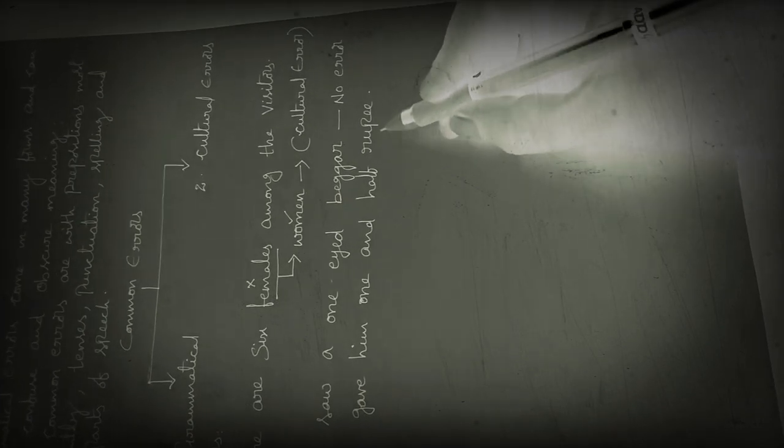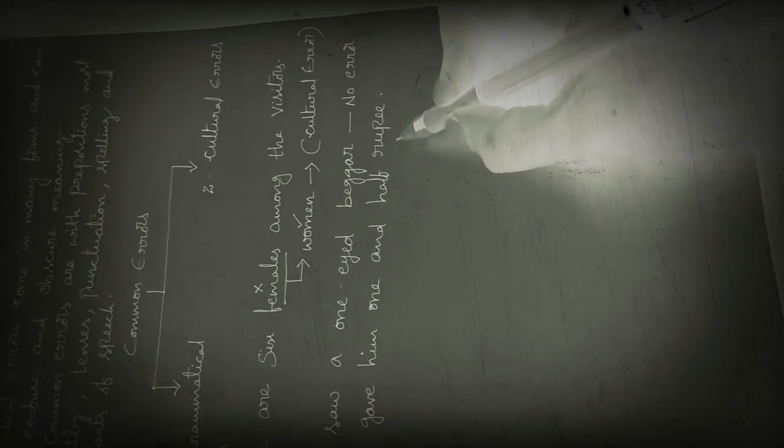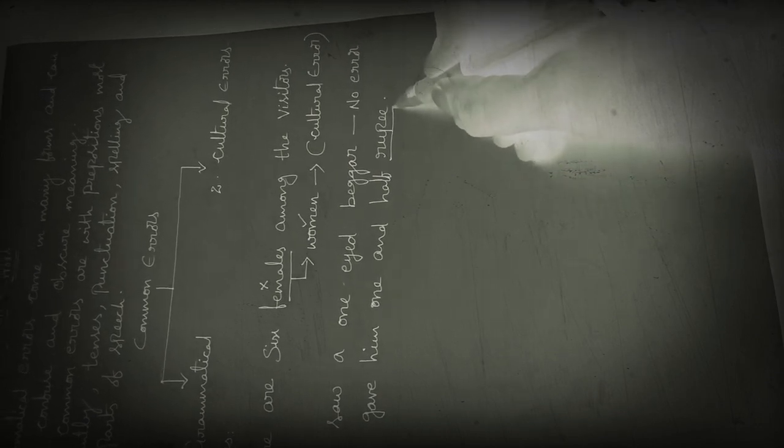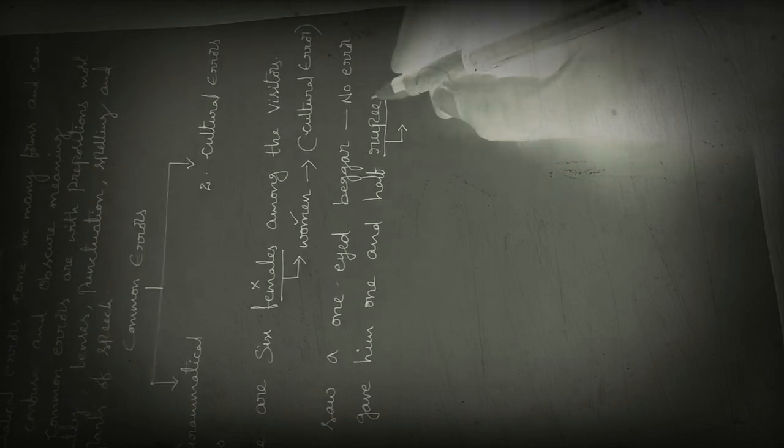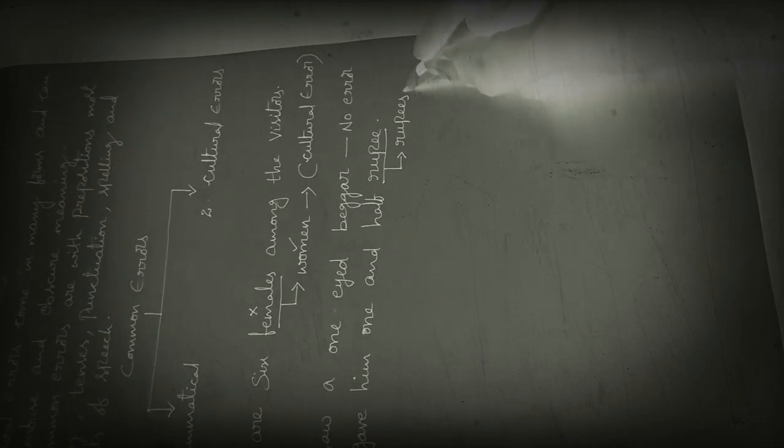So here the common error is this is rupee. Instead of rupee, we should write rupees, but not rupee. Rupees. This is the right. This is wrong. I gave him 1.5 rupees, but not rupee.